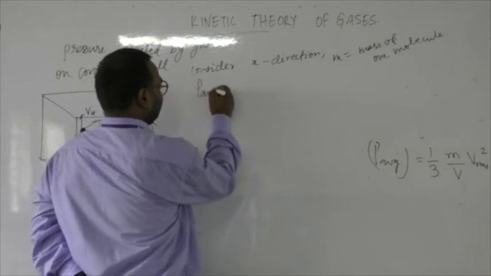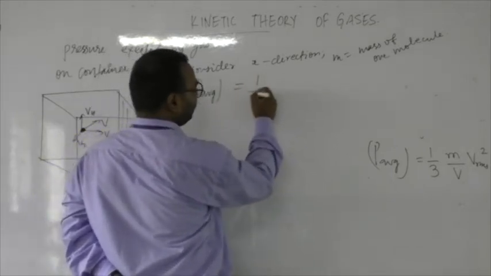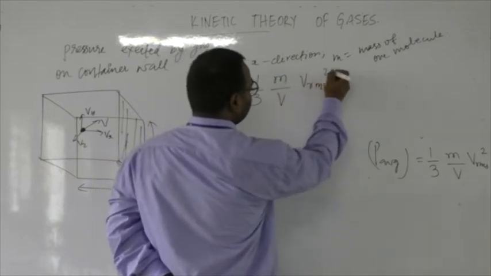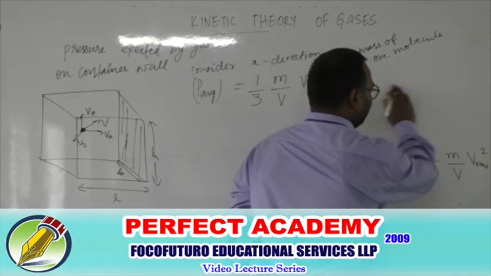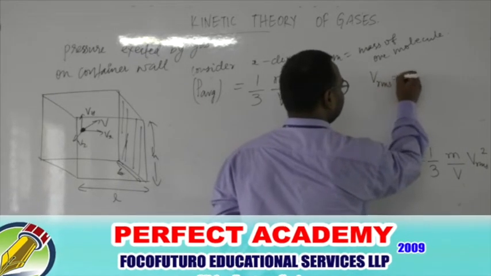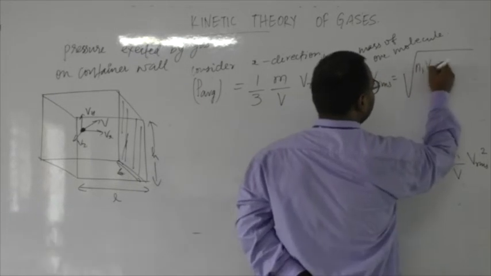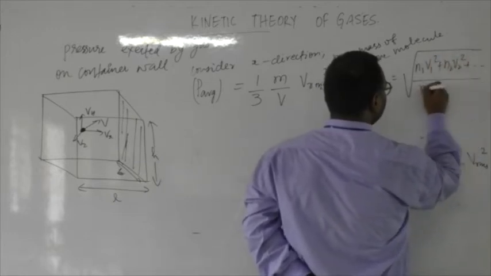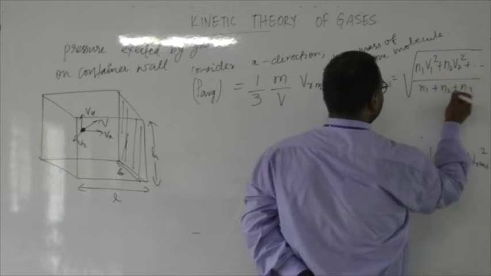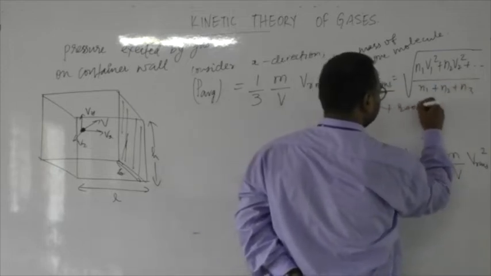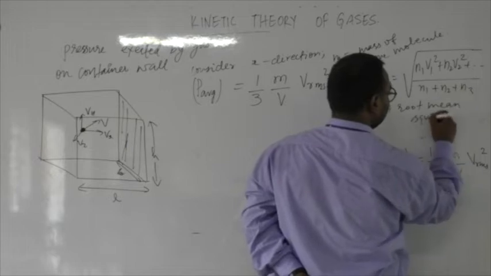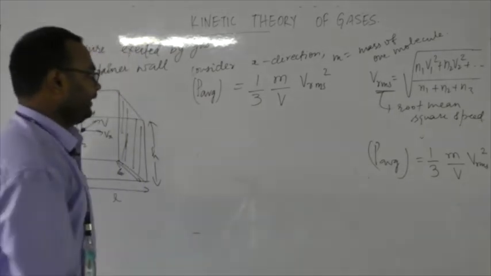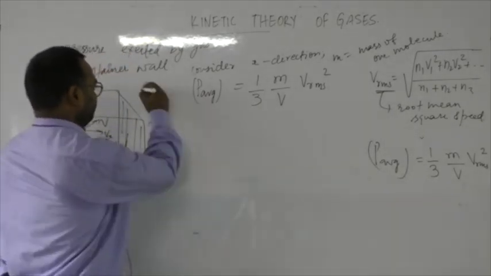So P average by one molecule is 1/3 m upon V Vrms square. For a good definition, we can write Vrms square as n1 V1 square plus n2 V2 square and so on, by n1 plus n2 plus n3, and this RMS is root mean square speed. Now, that was because of one molecule.